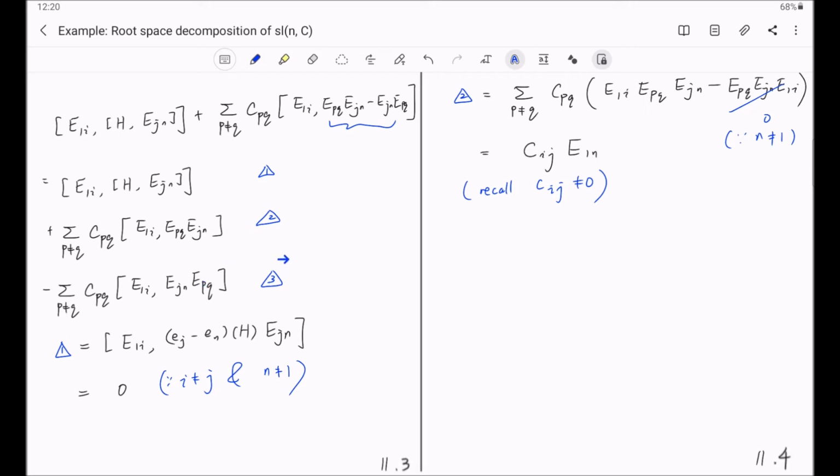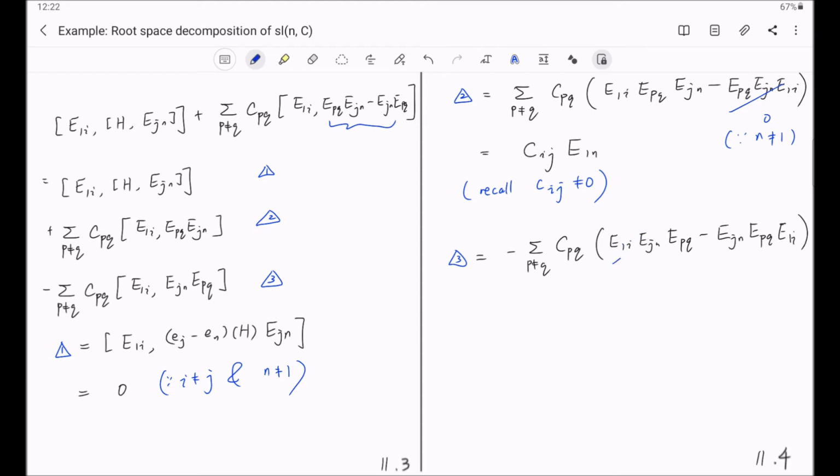And now let's look at the third part. As before, we're going to use the definition of this Lie bracket. This will be equal to E sub 1i times E sub jn times E sub pq minus the product in the other way.